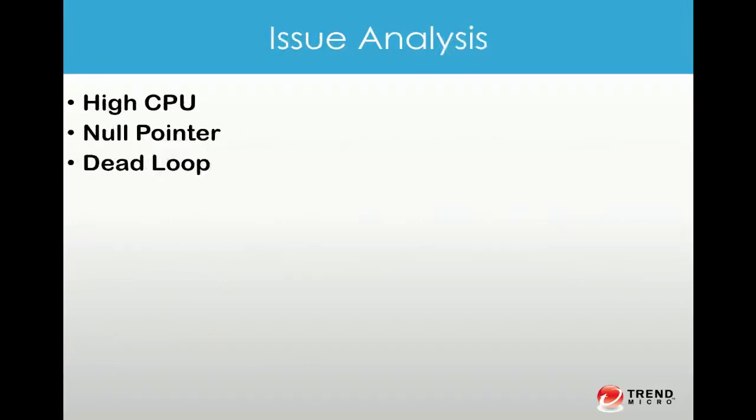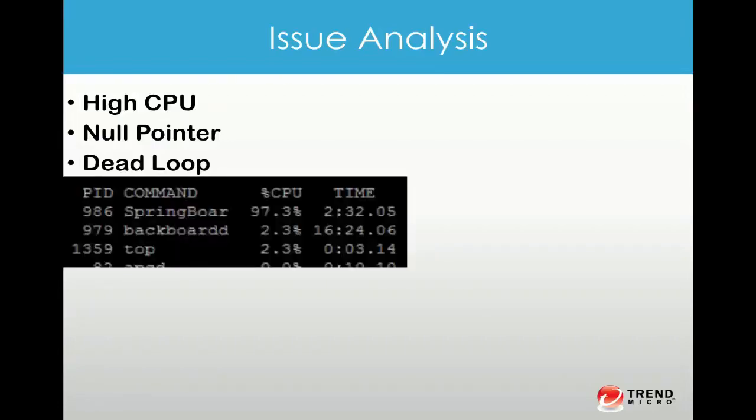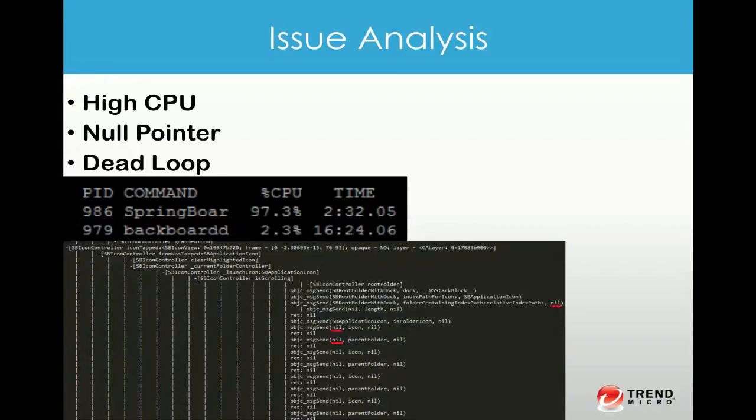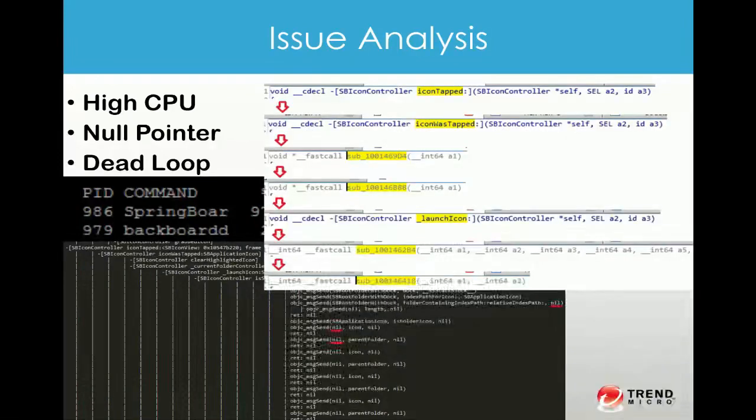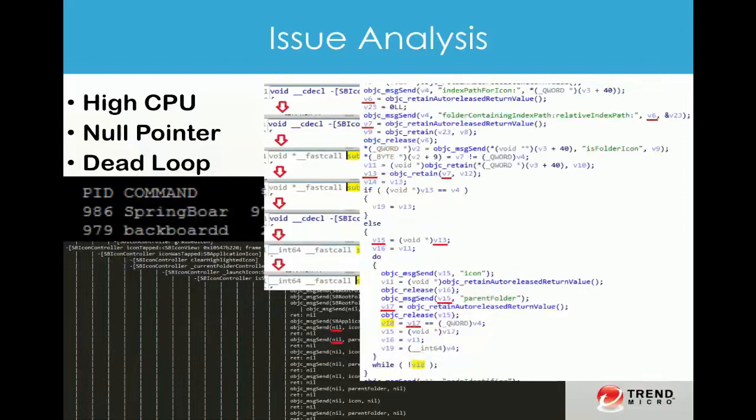When Springboard's vulnerability is triggered, we found that its process had a high CPU usage. Then we analyzed the Springboard dynamic call stack. We found a reference and data loop. Back in the Springboard code, we found the final issue function by analyzing the function call flow.